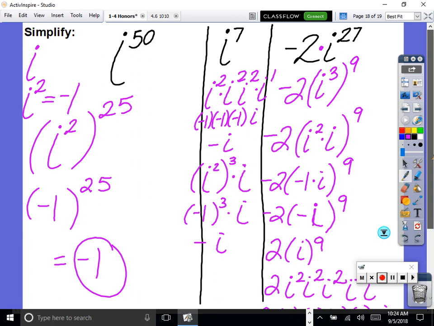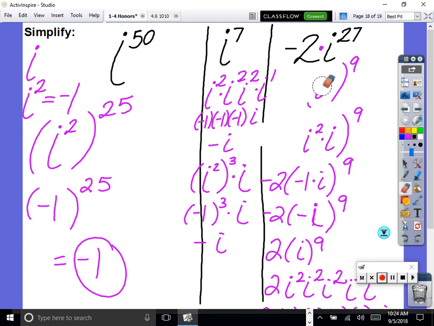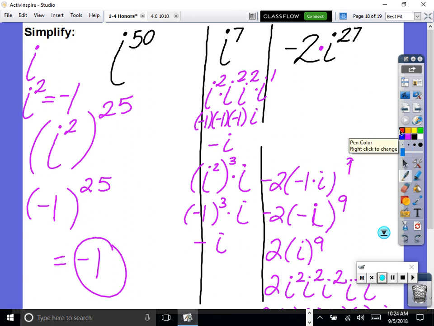How I would have probably done it is tricky though. You get better at seeing it as you practice. Watch what I would have done. I would have gone like this. That was great, still got it right. -2, I would have said, and then I squared raised to the 13th. Well, that's only 26. So then I would have said times i to the 1st.